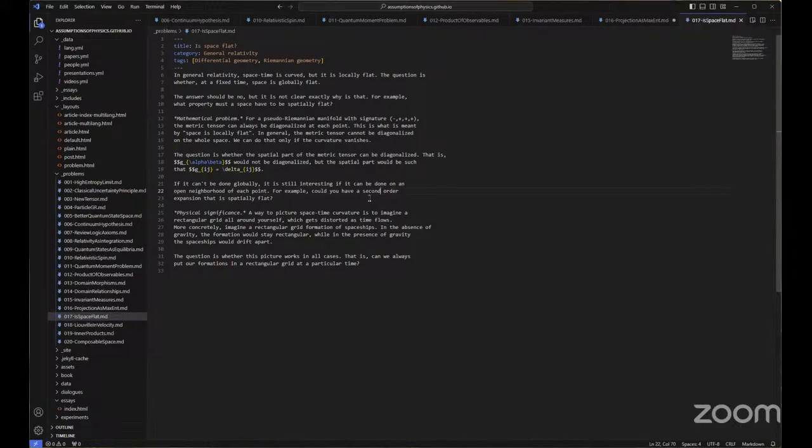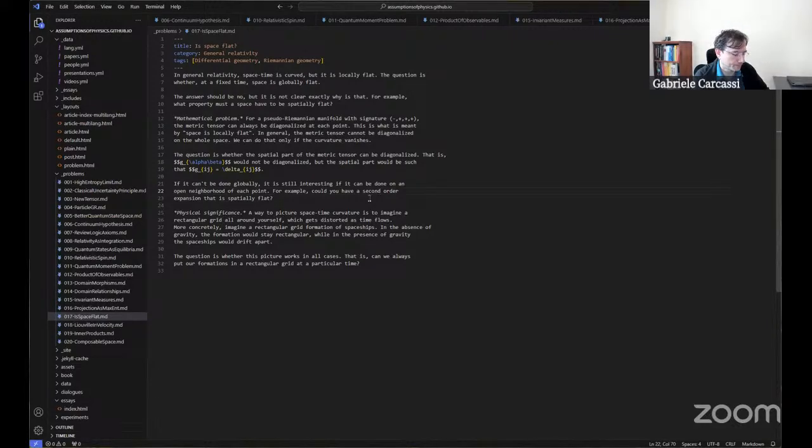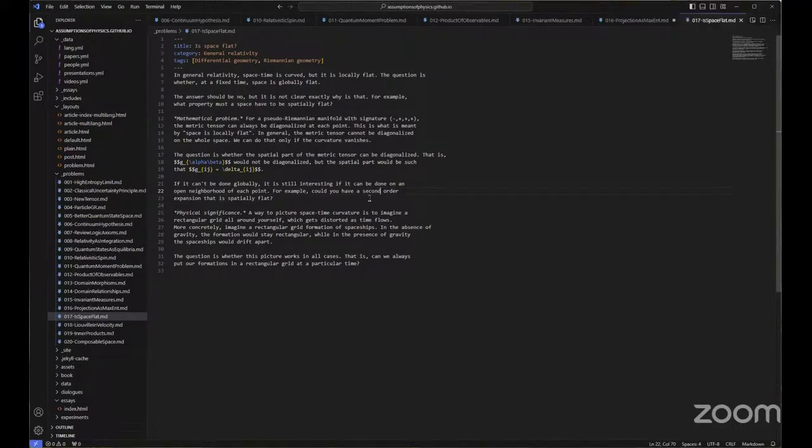Okay, that might be easy to answer. I remember that to show that you can get it to be flat to first order was just a counting of degrees of freedom. If I change coordinates at a single point, I basically only change the basis of my tangent space. That gives me some number of degrees of freedom. And then I count how many degrees of freedom are in my metric, like 10 for the zeroth order, and then you need to count how many there are in the first order.